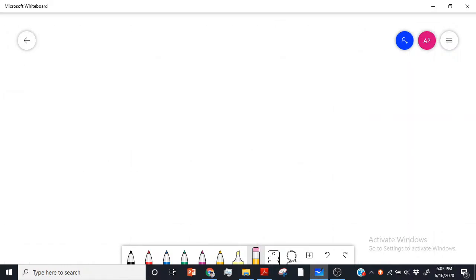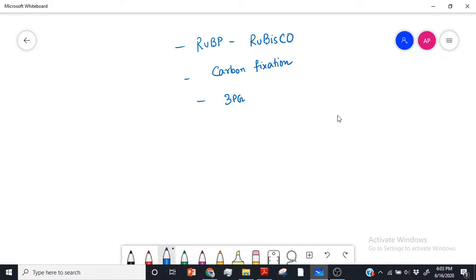Now what you are supposed to know? You are supposed to know about RuBP, Rubisco, carbon fixation, and 3-PGA, which is a 3 carbon compound.